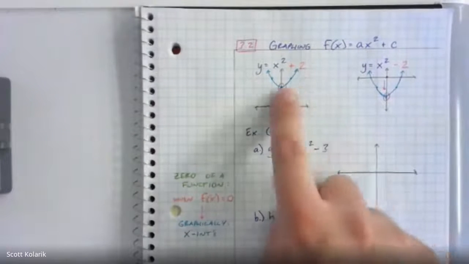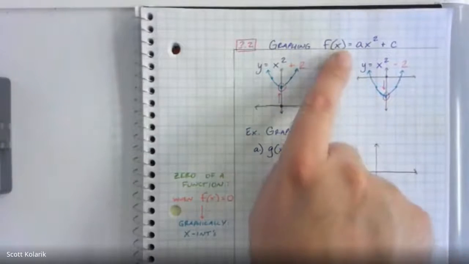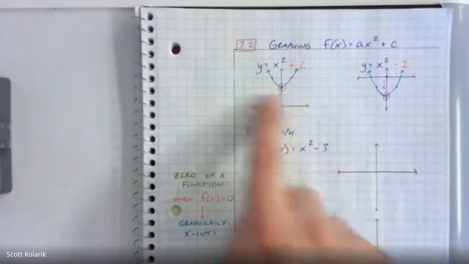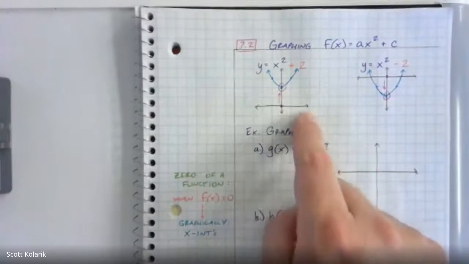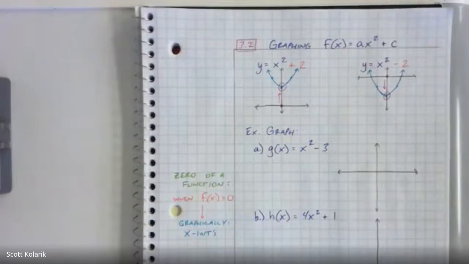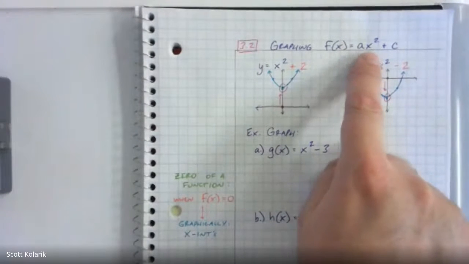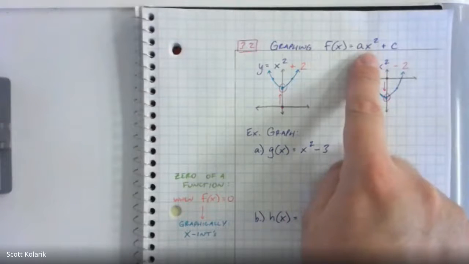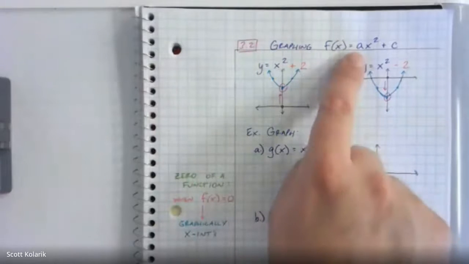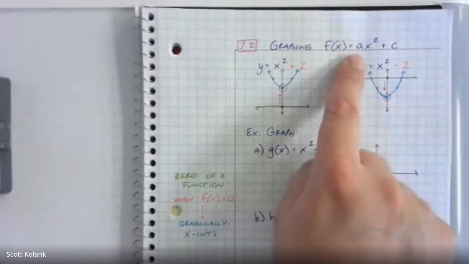Both of these were positive a's because they open upward, but a negative a would face downward. That's what we learned in section 1. How did a affect this x squared graph of a parabola, this quadratic, that U shape? It does it in two ways: steepness and whether it opens upwards or downwards, happy face or sad face.